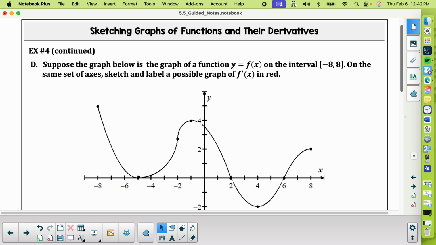Oh, wait. None of this is from yesterday. And now it's working. Perfect. That's it. I don't know, let's see if we can get it to actually go to red. There we go.